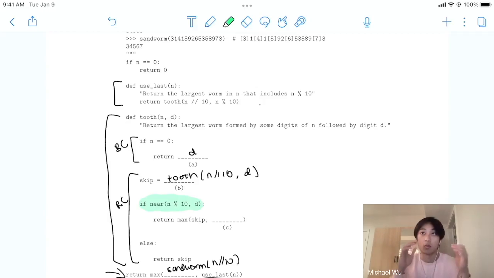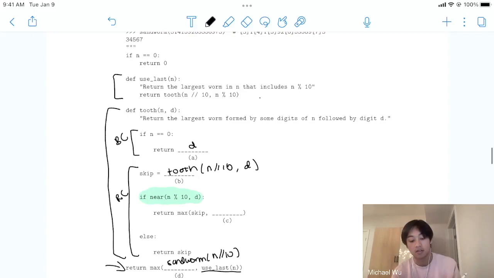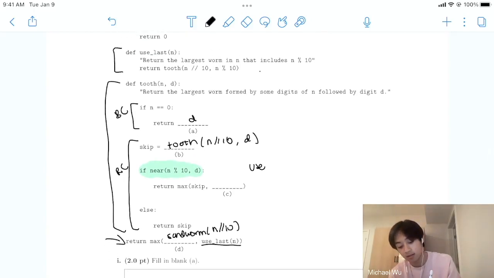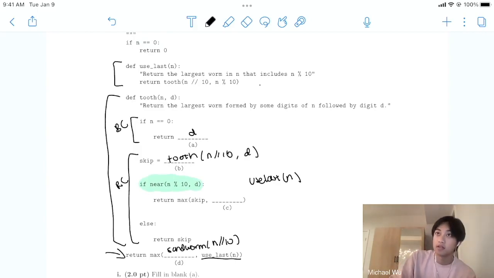That means if they're one apart, then we're going to return the max between skip, and now we're essentially allowed to use the last digit of n because it satisfies that near condition. So how are we going to make the largest worm that uses the last digit of n and then tack that d on after? Well, the way we get the largest worm that includes the last digit of n is use last, right? So if we were to call use last on n, that would give us the largest worm in n that includes the last digit of n.